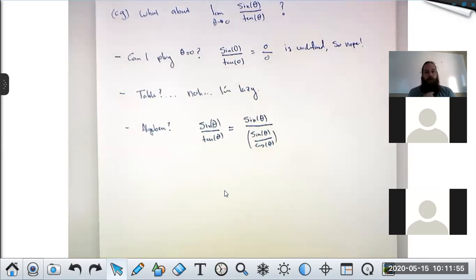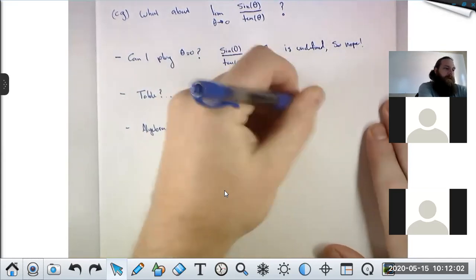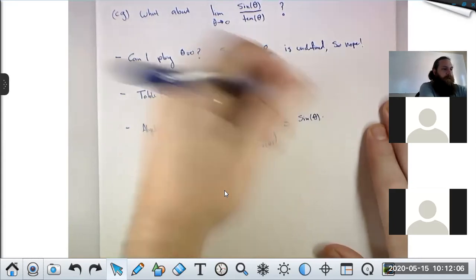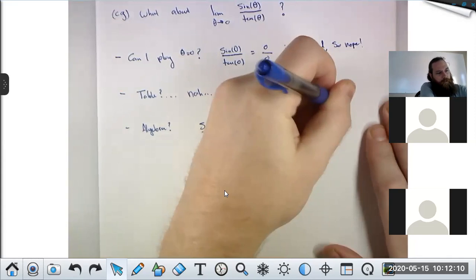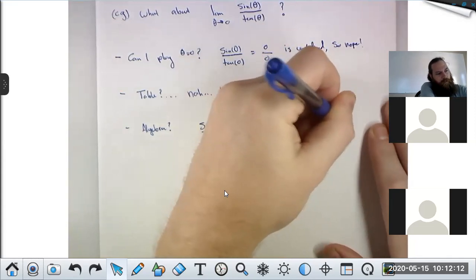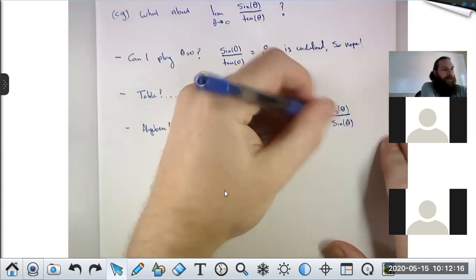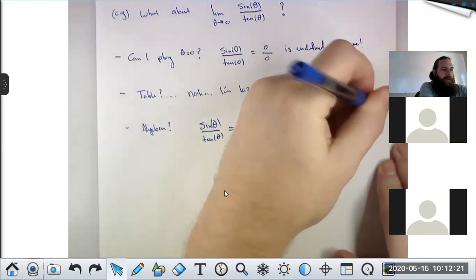Right? Because tan theta is sine theta over cos theta. And this is the same as sine theta times the reciprocal of this. And now I can cancel these sine thetas, and I just get cos theta.